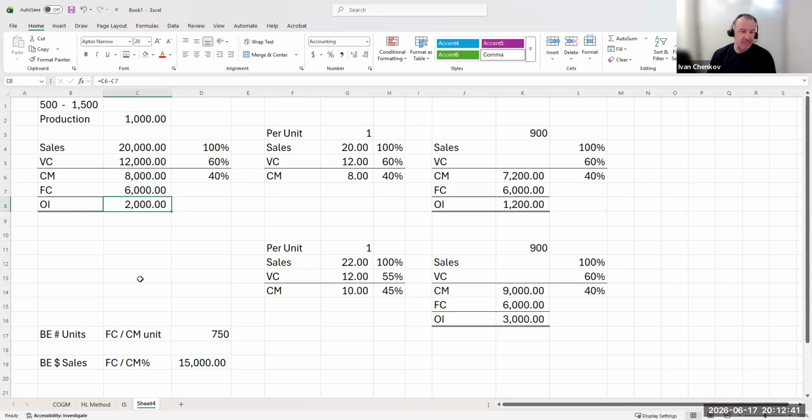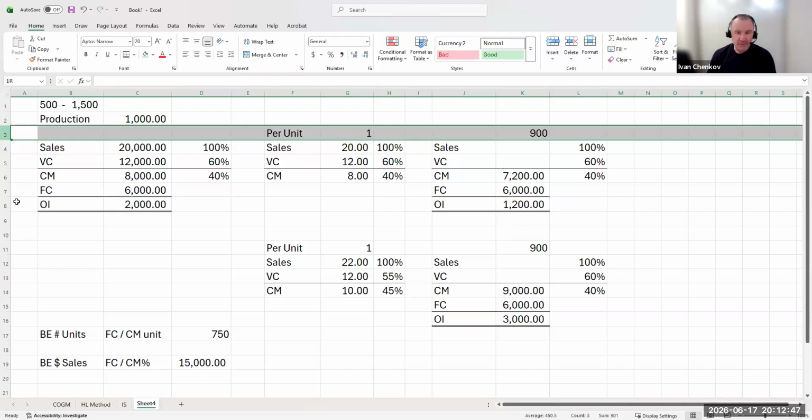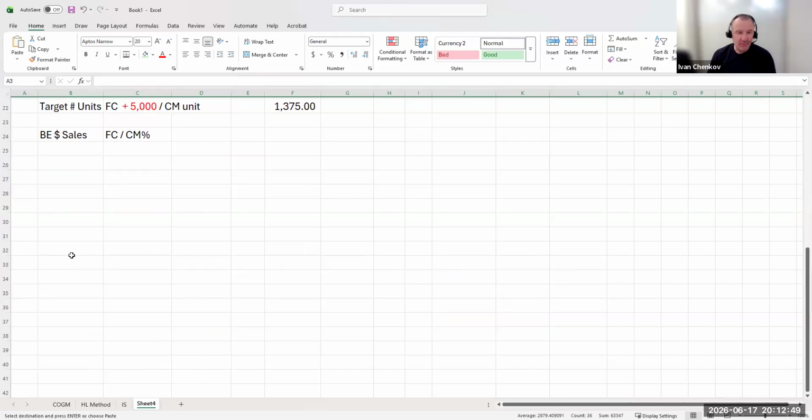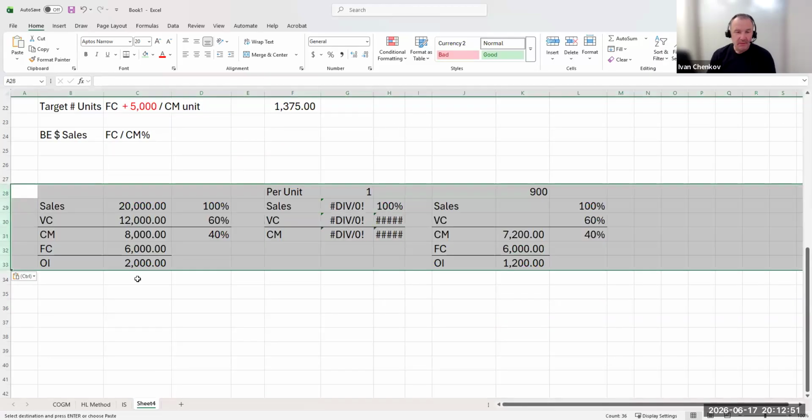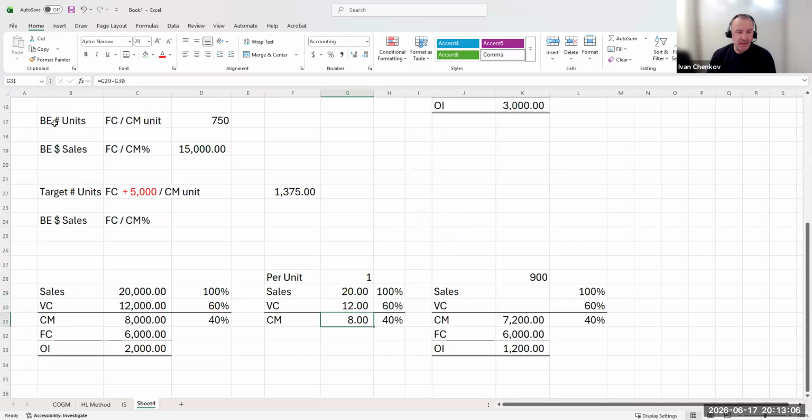Margin of safety, if I'm currently at $2,000, let me get this calculation here and move it right here. So that will be equal to, we said 20, and that's 12, and boom, we have our percentage. So what we said is the break-even point.